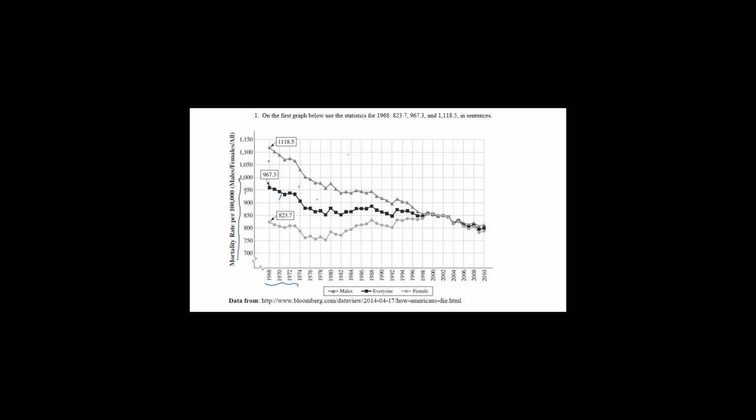So we can see right here, 1968, 1,118.5 males died for every 100,000 males in the population. Now that's a sentence. I want to write that down. That was pretty good.